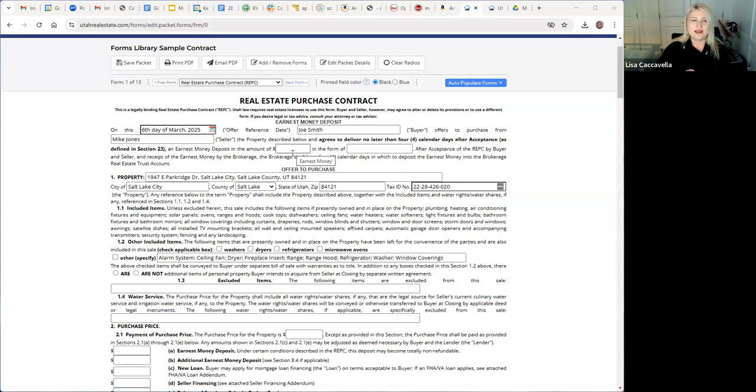It really depends on the amount of time it's on the market, if I'm competing against multiple offers. When we went through the housing boom in 2020, we were getting $10,000, $20,000 earnest monies, non-refundable upon acceptance.